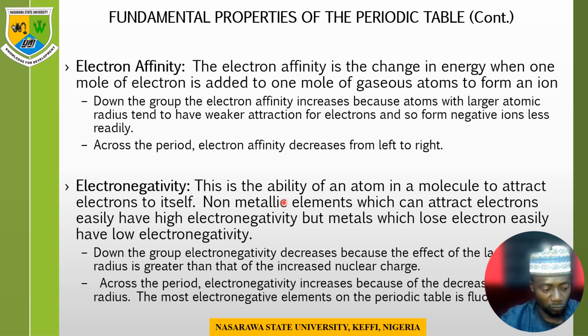Remember, when you move from group 1, group 2 to group 3, they show the readiness with which they release electrons. So we don't talk about attraction of electrons there, or rather, as you are moving from group 1, group 2, the tendency of releasing electrons is decreasing in that manner until we enter the non-metallic side, that is from group 5 to group O.